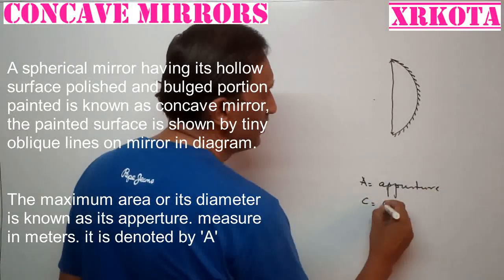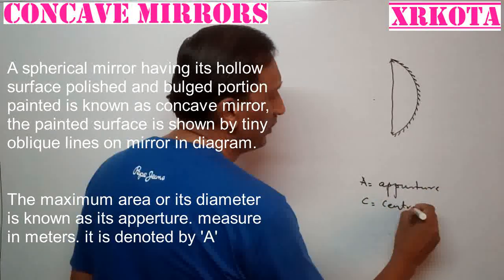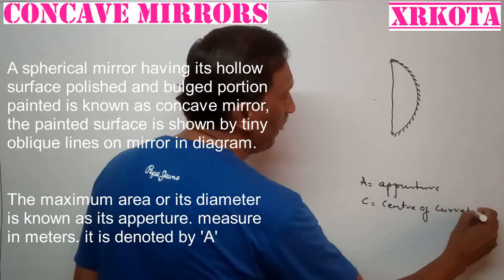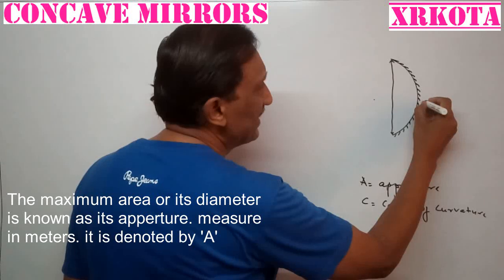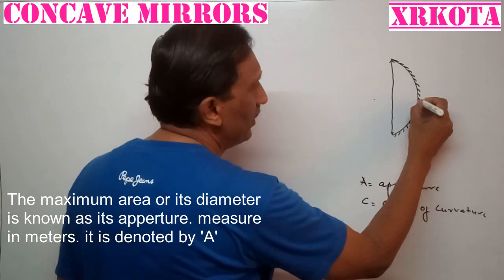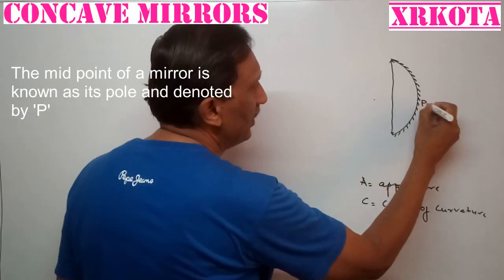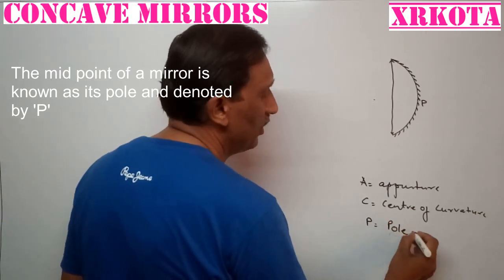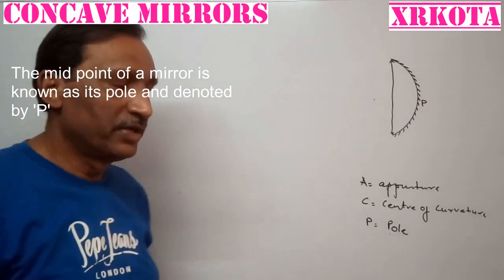C stands for center of curvature. The exact center of the mirror is called its pole, denoted by P.